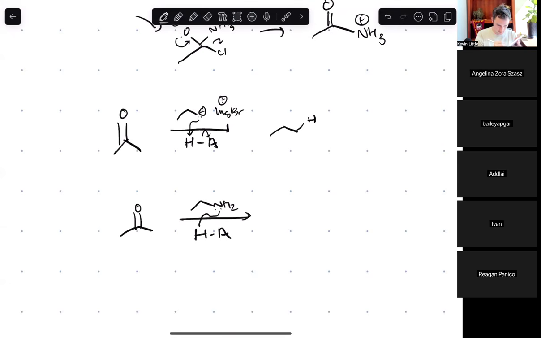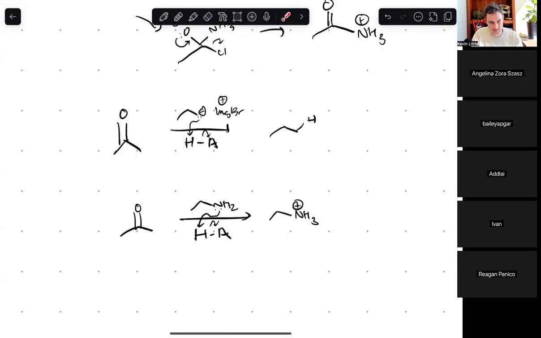Would this not just take that acid? And it would, and it does all the time. I would actually say 99% of the time it's taking that acid. 99% of the time, this is what's happening and not the carbonyl protonating.